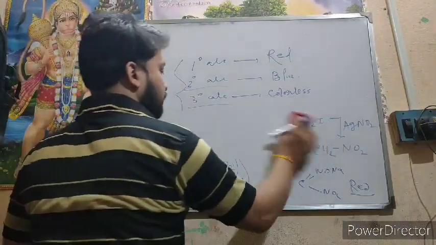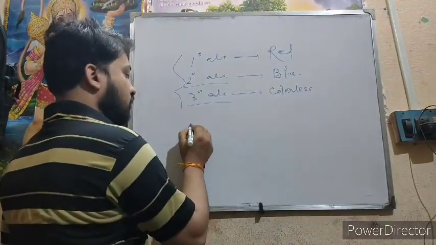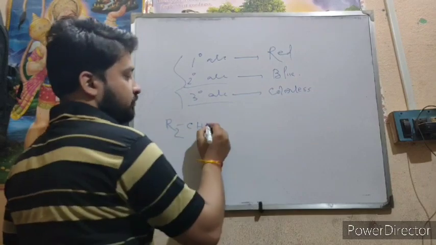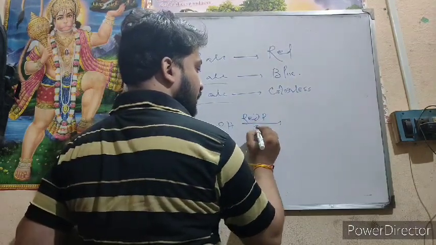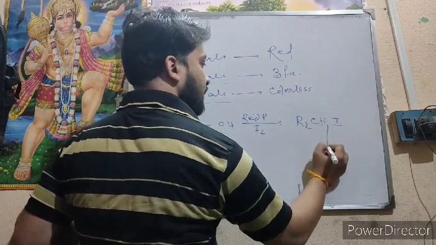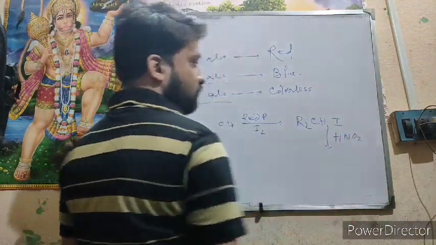Now, if you take 2 degree alcohol, R2CHOH, it reacts with red P and I2, you get R2CHI, and you react with HNO2.